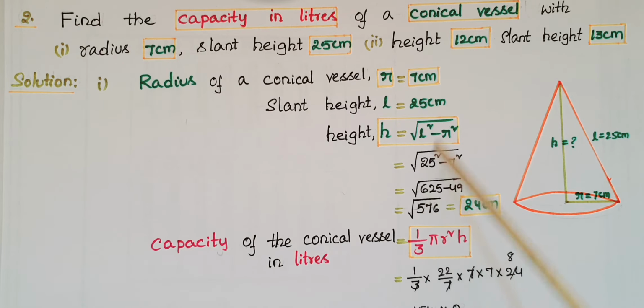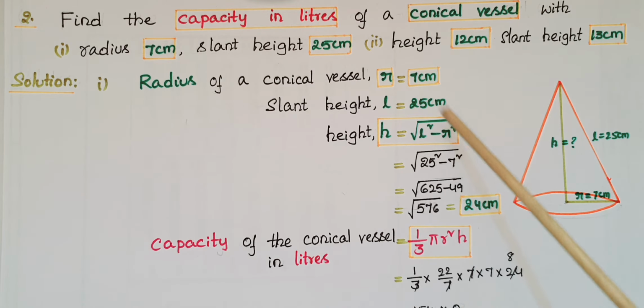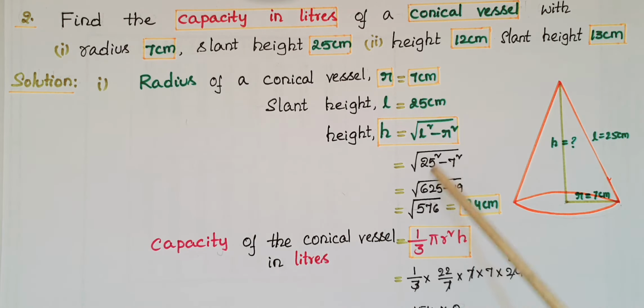Here L value is 25 and r value is 7. So 25 square is 625 minus 7 square is 49. So 625 minus 49 is equal to 576. So square root of 576 is equal to 24 centimeters. So this is the height of the conical vessel, that is equal to 24 centimeters.